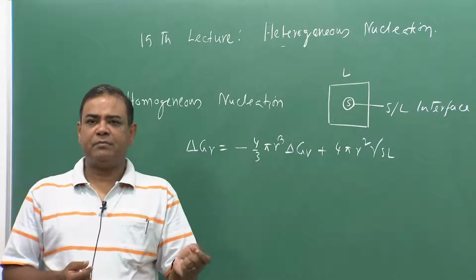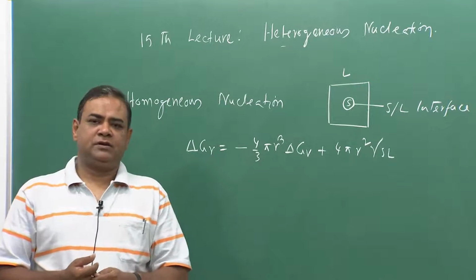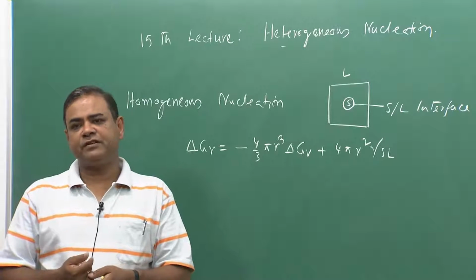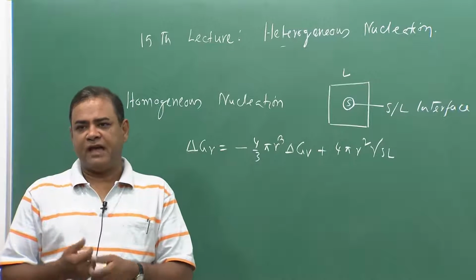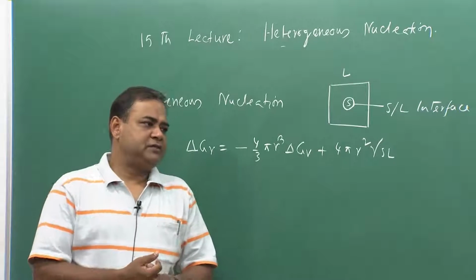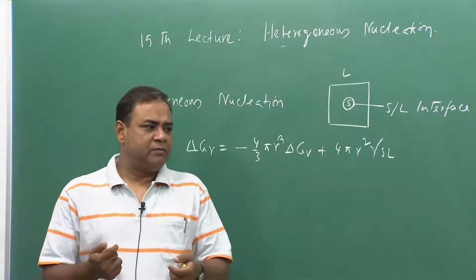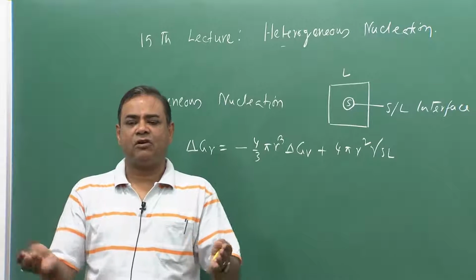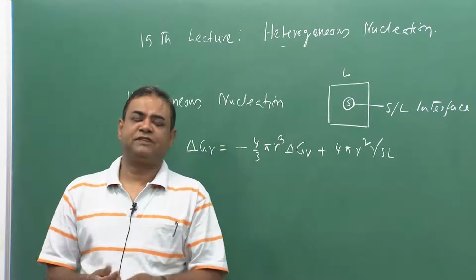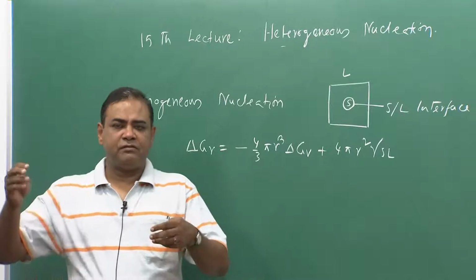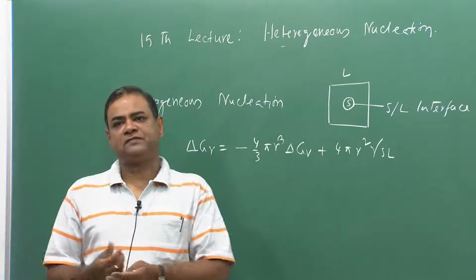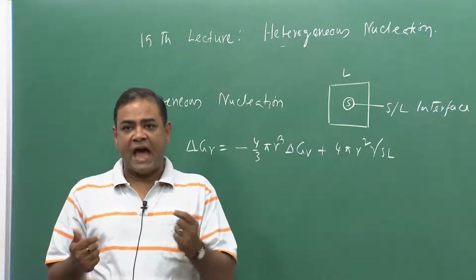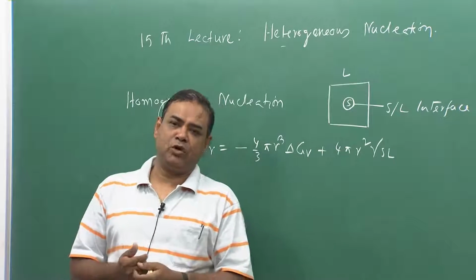So, whenever metal is poured into the mold, the liquid metal starts solidifying, but the solidification becomes easy because of the already existing mold surface. So, the solidification is easy on the mold surface. So, there we have some sort of assistance from the mold.